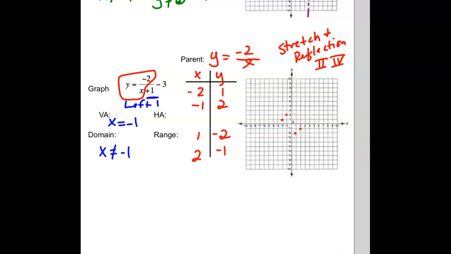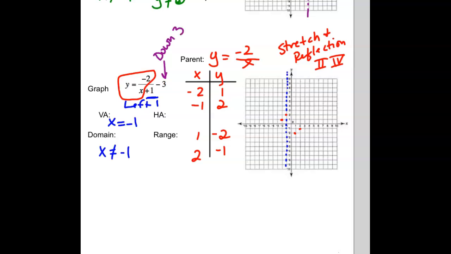All right, so let's get our vertical asymptote drawn in. Left 1. And then we shifted horizontally. We went down 3 spaces. So our horizontal asymptote is going to shift down to y equals -3. So range would be everything except -3. All right, so those are my new asymptotes.